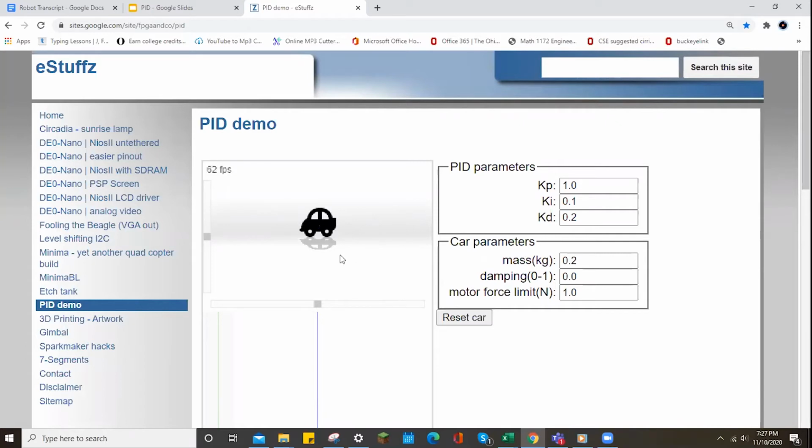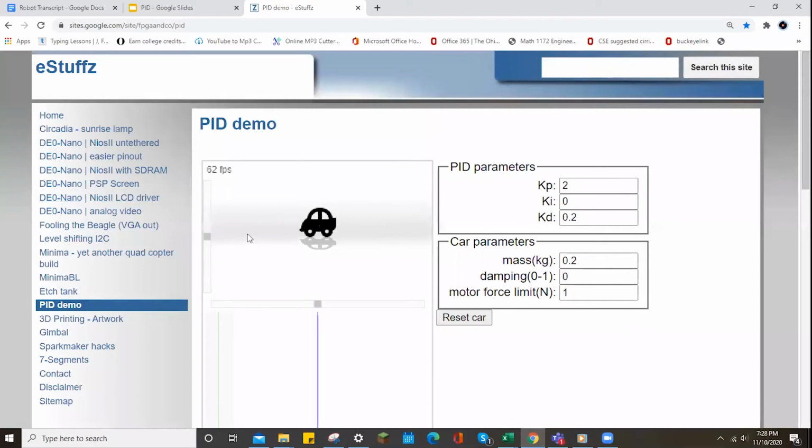Now, one of the key things with the D controller is you can't use it by itself, because the D controller just regulates the rate of output. It does not change the constant error. So we are going to have to use the P controller to showcase what the D controller can also do.